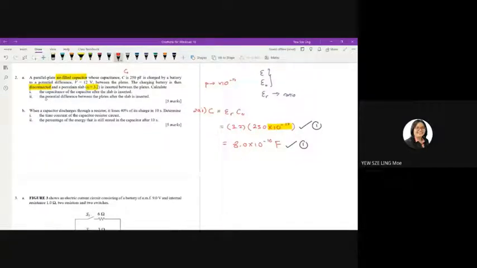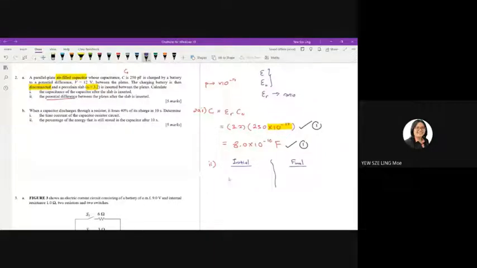Question 2b asks you to calculate the potential difference between the plates after the slab is inserted. So what are we going to do when it comes to this type of question? Let us list down the information first. You have initial, which is before, and then you have final, which is after.